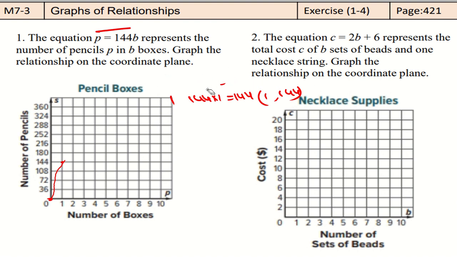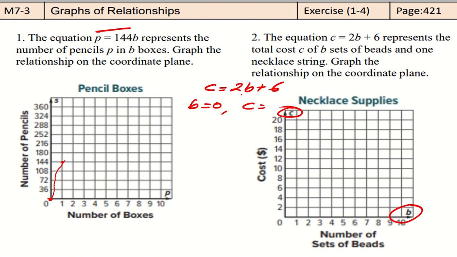Now, for this also you can do the same thing. You can make two variable equation here. So, they say C is equal to 2B plus 6. Now you can see on x-axis you have B, that is independent variable. On y-axis you have C, that is dependent variable. So just take some values for B. I am taking B as 0. So what will be C? C will be 2 times 0, 0, plus 6, 6.